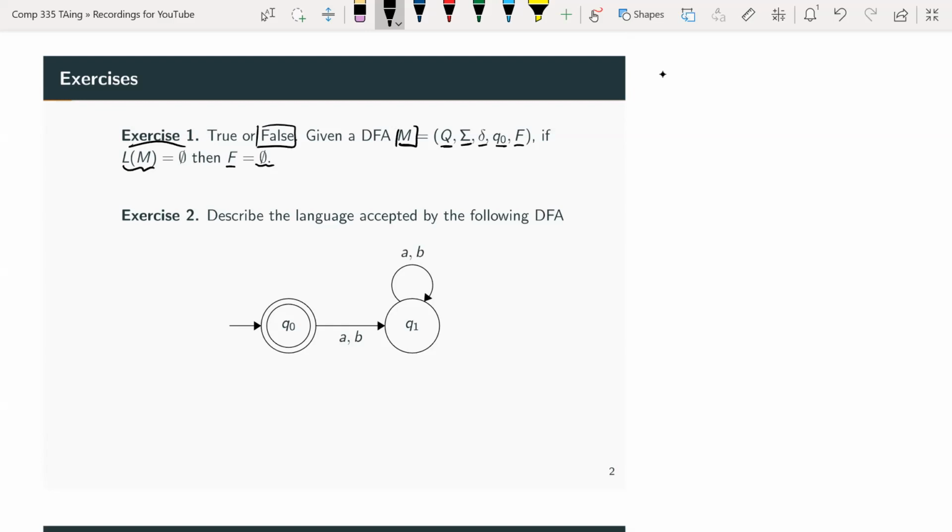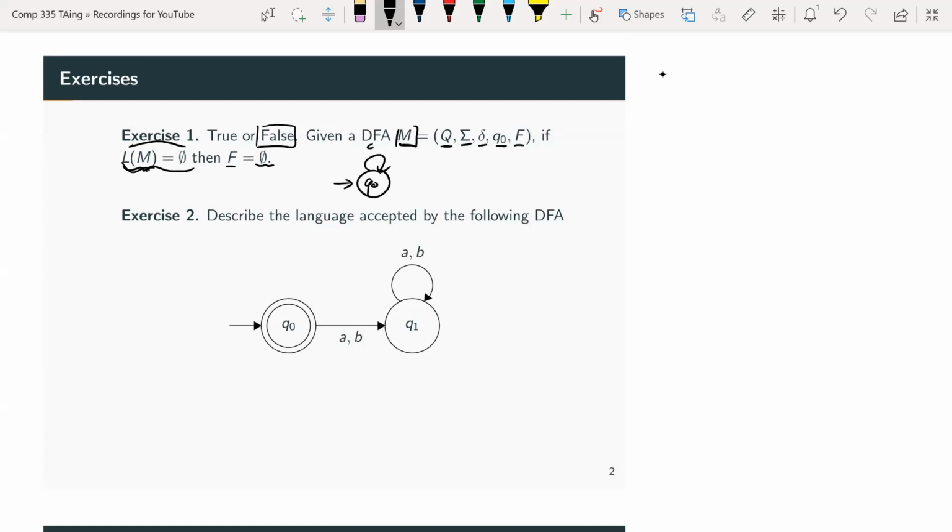The reason for that is because I can create a DFA M that has some final states, but that still has the language accepted being empty. And how can I do this? Well, for instance, I can start in my initial state Q0 and make the initial state a trap state, remember, it's like a black hole.